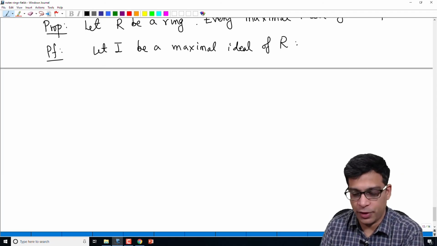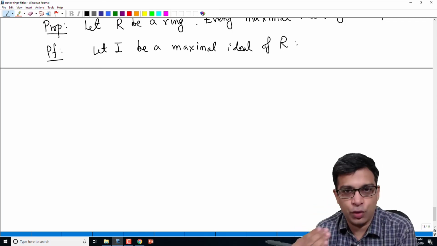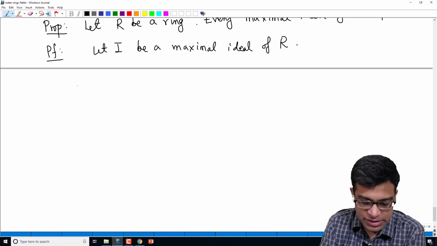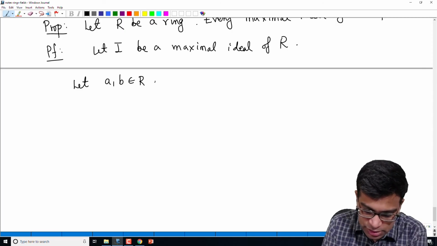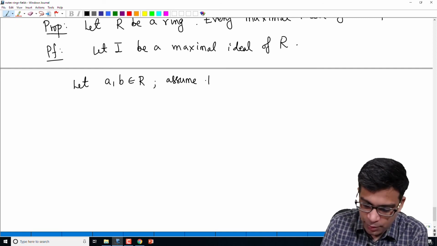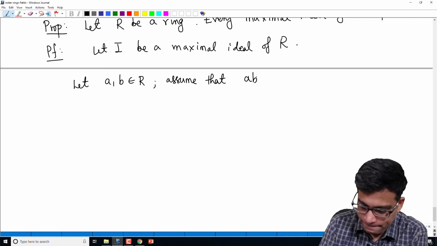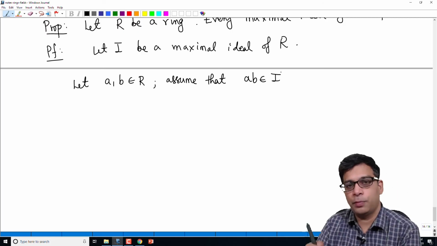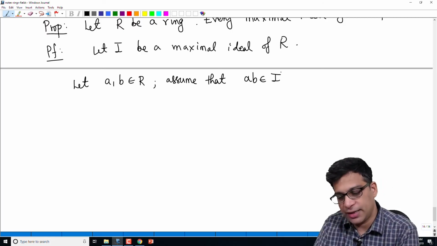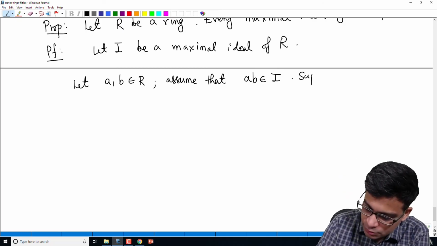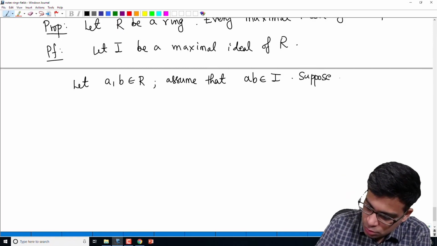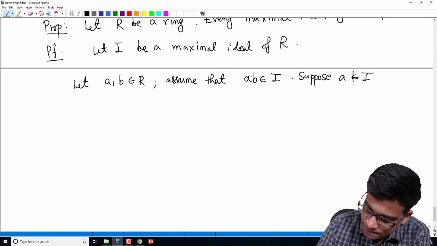So definition of prime, remember, means if a product of two elements is in I, one of them is in I. So let a, b be elements of the ring R such that ab is in I. We will want to prove at the end of the proof that either a is in I or b is in I. So suppose that if possible a is not in I.